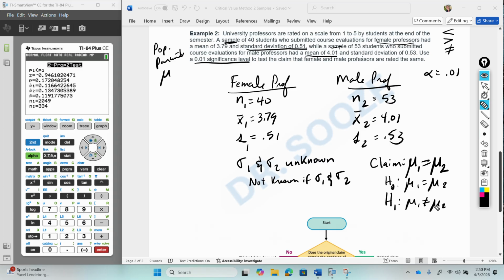Now, in the alternative hypothesis, the symbol is not equal, and that means I'm going to have a two-tailed test. So I might draw it over here. I'm going to have 2 rejection regions and 2 critical values.